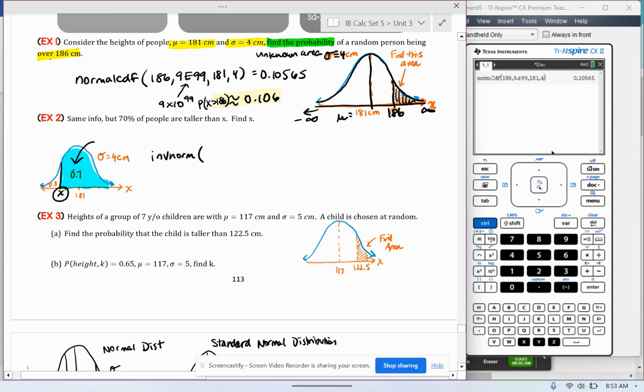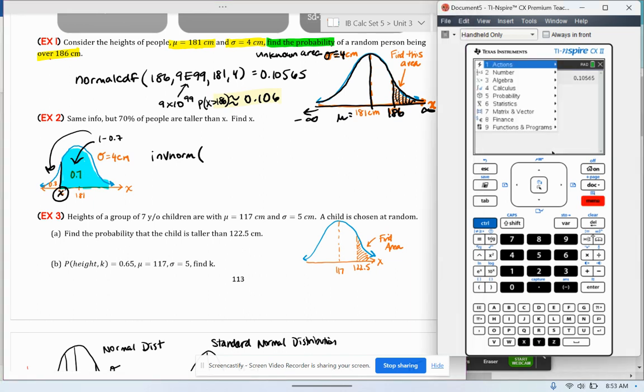So they gave us the area from the right, so we're going to have to do 1 minus 0.7 to get that area to the left, because remember, the cumulative area from the right is that probability that we are generating here. So we have menu 5, 5, 3 for inverse norm. Our area to the left is 0.3. Our mean is the same as above, 181. And then our standard deviation is 4.